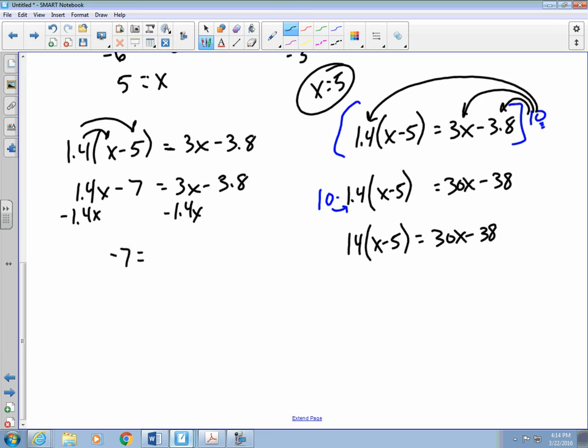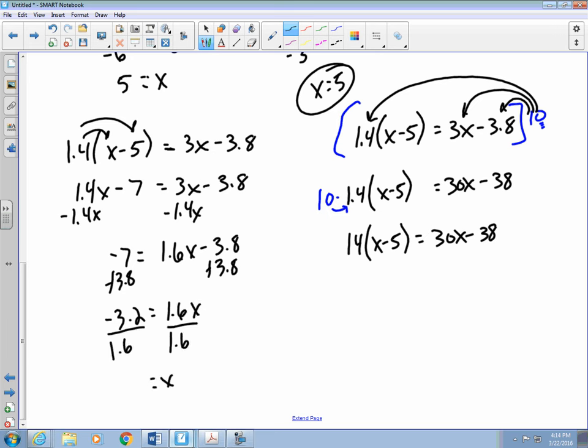So 3 minus 1.4 is 1.6. So we're going to add 3.8. Okay, so negative 7 plus 3.8, negative 3.2, and then we're going to divide that by 1.6. And when you do that, you get negative 2.